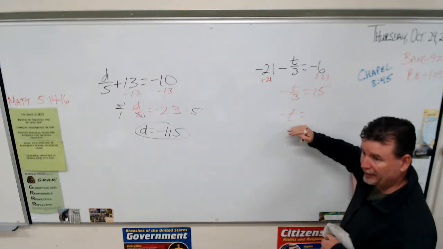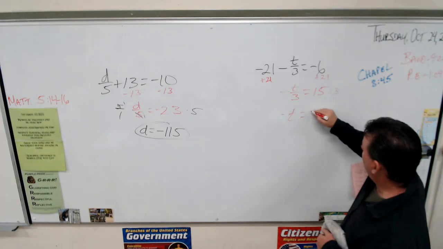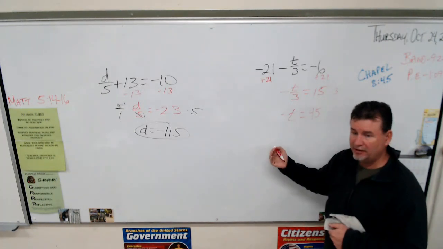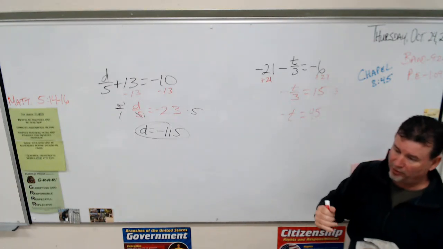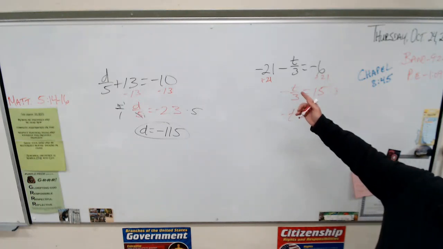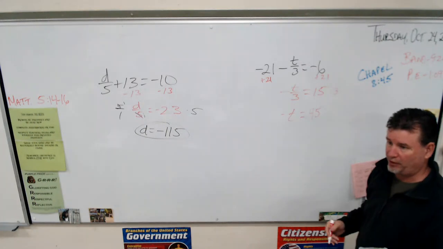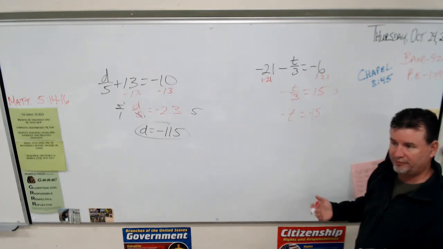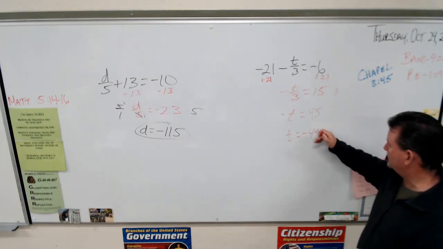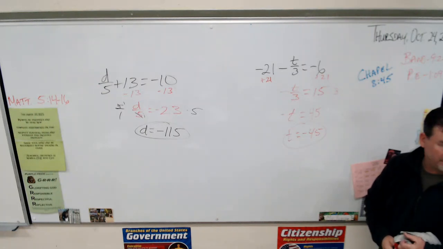If I multiply this side by positive 3, I've got 45. Now, is negative t what I'm looking for, or is t what I'm looking for? So how do I fix that? If I've got negative t equaling 45, what would positive t equal? Negative 45, because I can multiply both sides by negative 1.